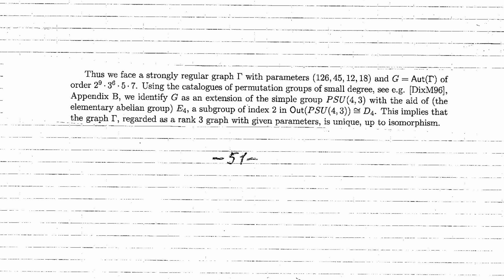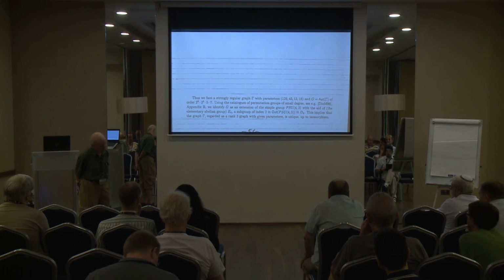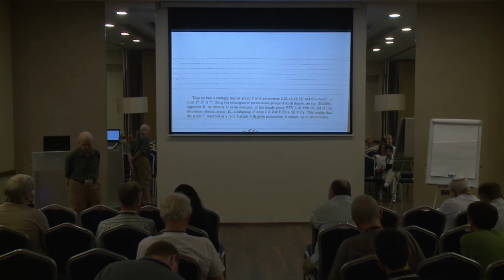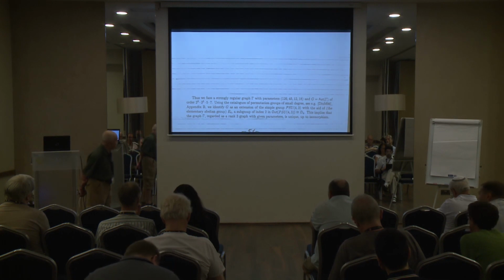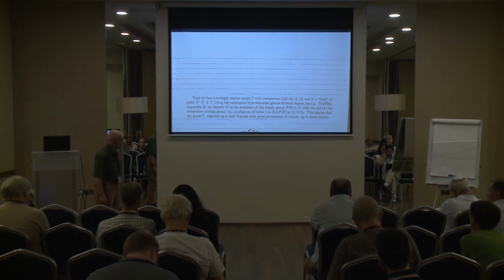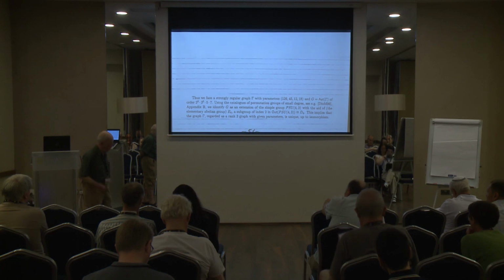And we were working at the beginning intentionally very naively. So we took the classical book on permutation group theory by Dixon and Mortimer. There is an appendix in this book, and in this book there are all rank 3 groups with degree up, I believe, to 1000. This is an achievement obtained with the aid of the classification of finite simple groups. So we opened this book and found what our group is, and it covers this extension of a classical simple group, a unitary group, with a subgroup of index 2 in its automorphism group.